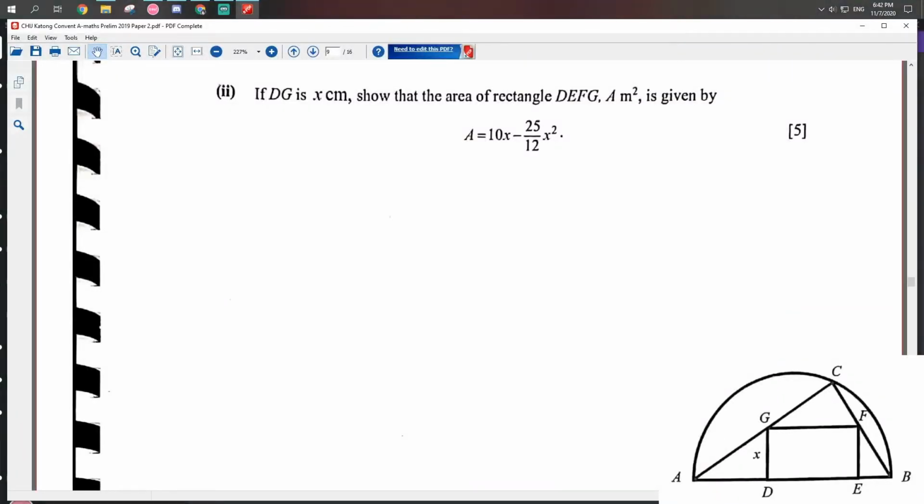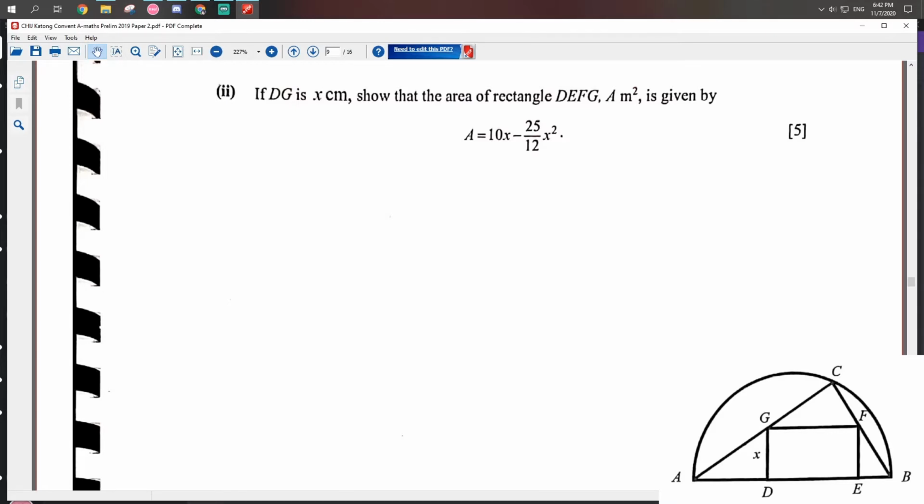Part 2. If DG is x cm, show that the area of rectangle DEFG, A square meters, is given by A equals 10x minus 25 over 12 x squared. That's actually very simple, although it says 5 marks. You will see that GF is parallel to AB, and the perpendicular height of triangle ABC is parallel to FE.